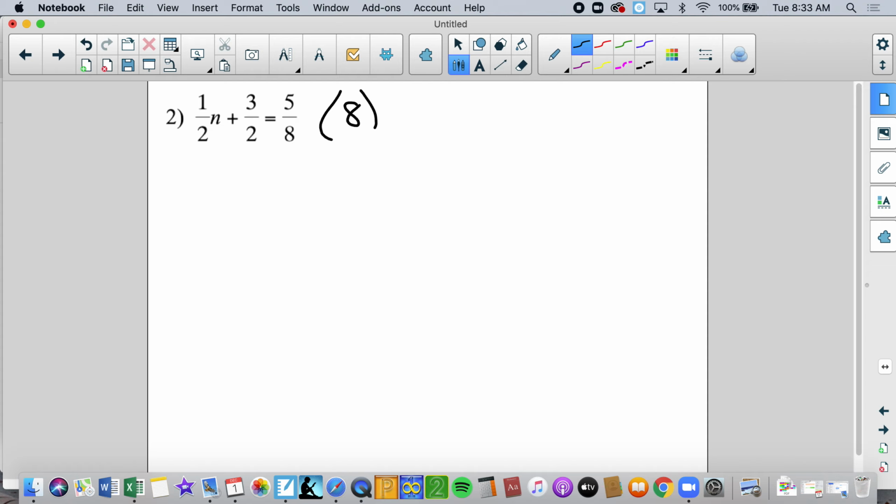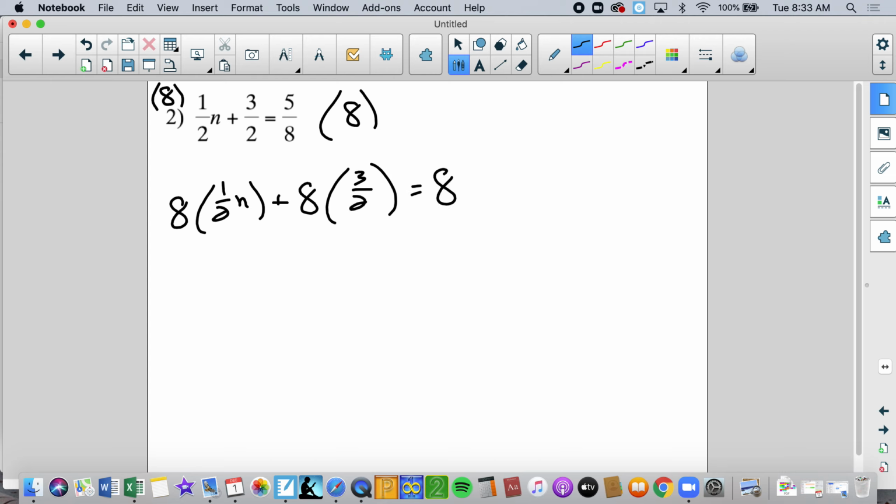So I'm going to multiply both sides by 8 here. So you have 8 times 1/2 n plus 8 times 3/2 equals 8 times 5/8. The 2 in the denominator cancels, and you get 4n.